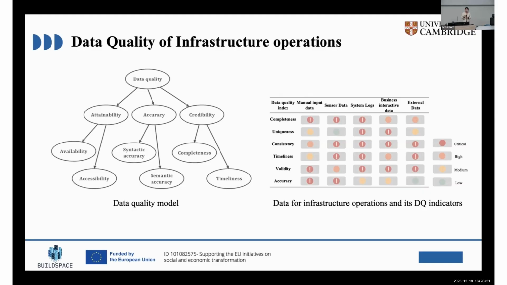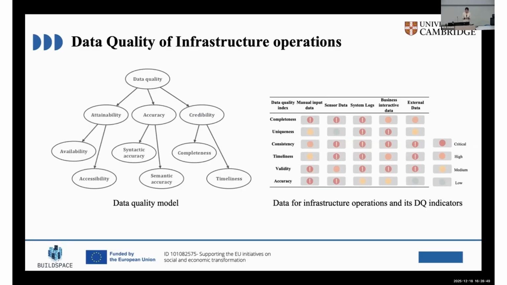In the context of infrastructure or building operations, I think the first thing, if we work on data quality, we need to explore what the data model is, which means we need to figure out what the data quality metrics are. If we're working on the data trust problem, then what are the metrics of data trust? So I think it's the same logic.